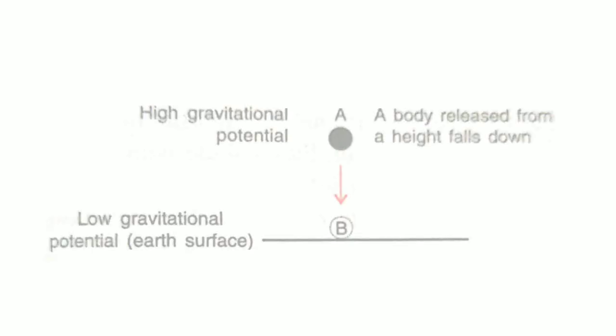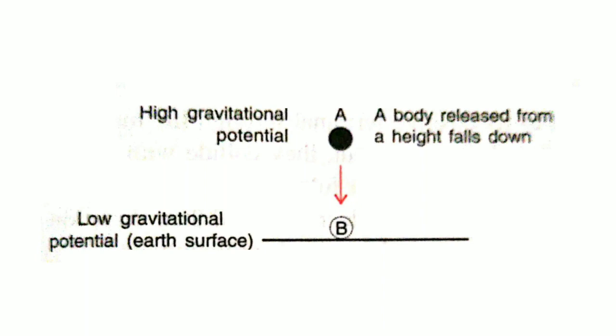Next is the direction of the flow of electric current. We all know that if we drop any object from a certain height, it will always drop down to the Earth's surface.